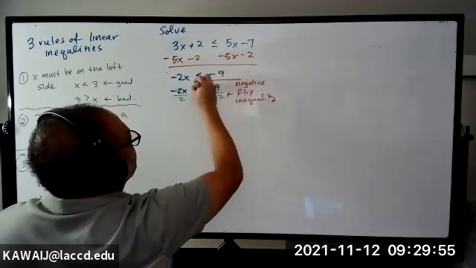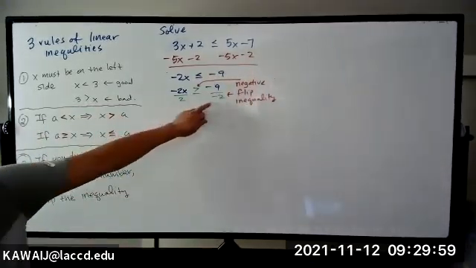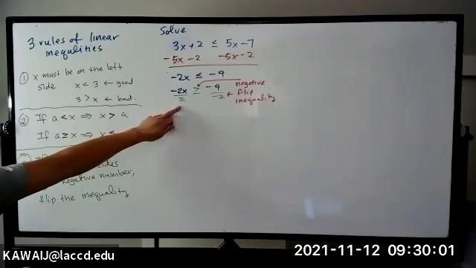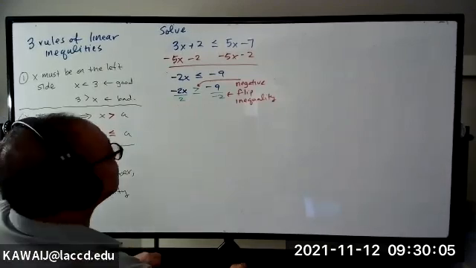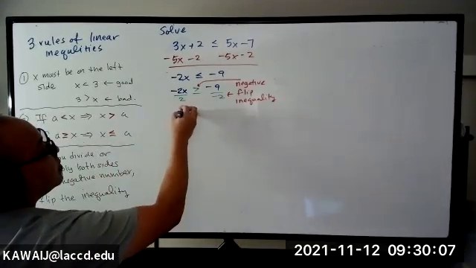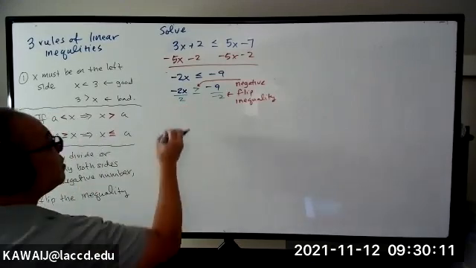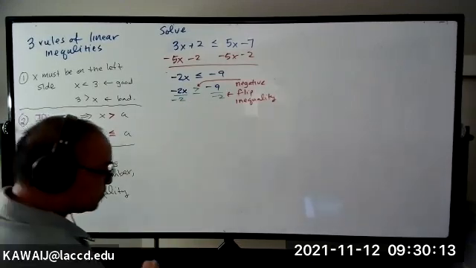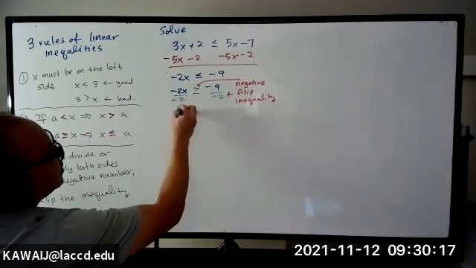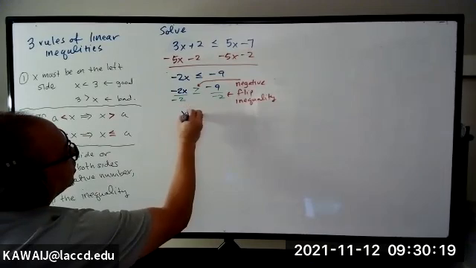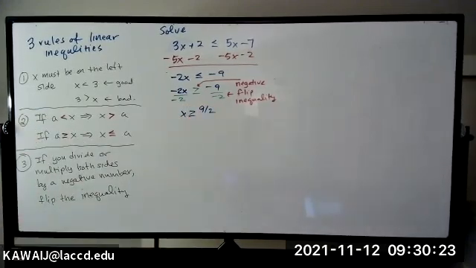Okay, so because we're dividing both sides by a negative number, we're going to flip that inequality, and then we're going to get x is greater than or equal to 9/2 like that.